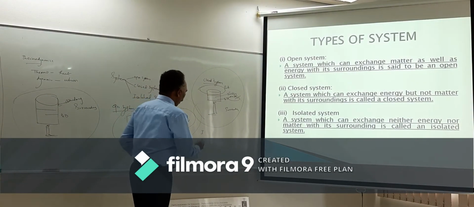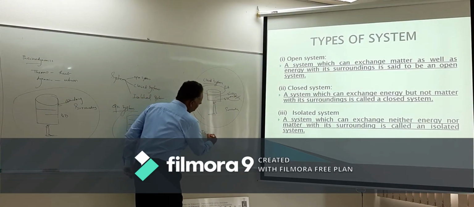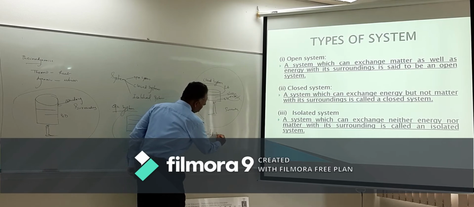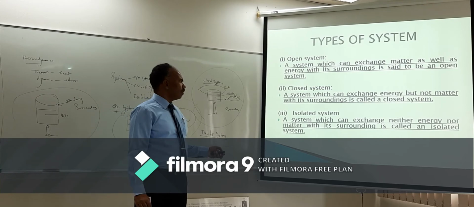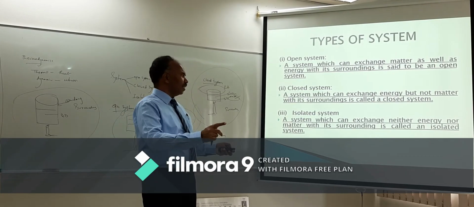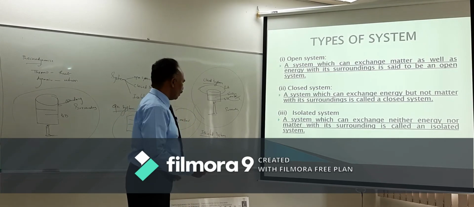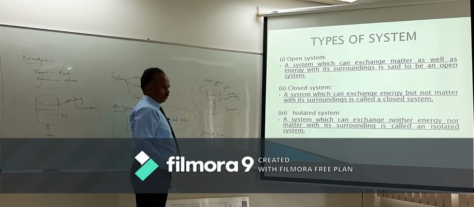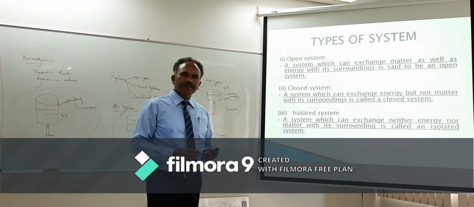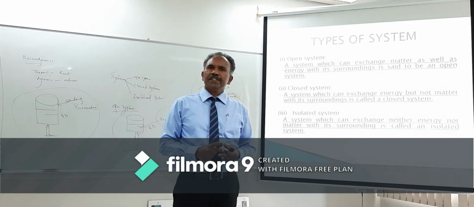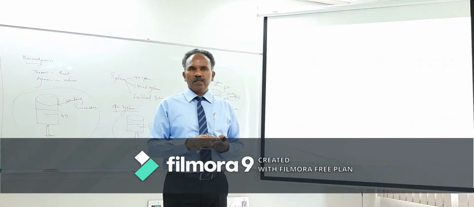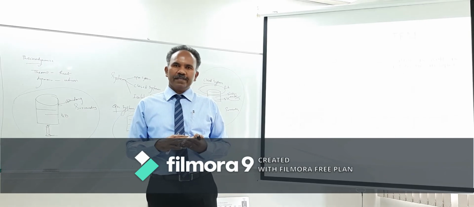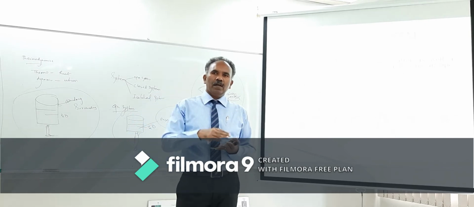Next one is isolated system. What is isolated system? A system which can exchange neither energy nor matter. For example, you can take a thermos flask. You know thermos flask? For example, when you study the whole night, you need some hot drinks, some hot water or hot milk. What do you do? You store it in a thermos flask.